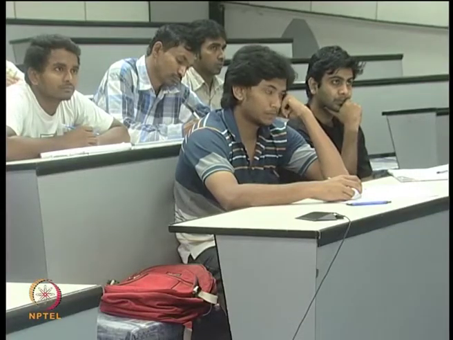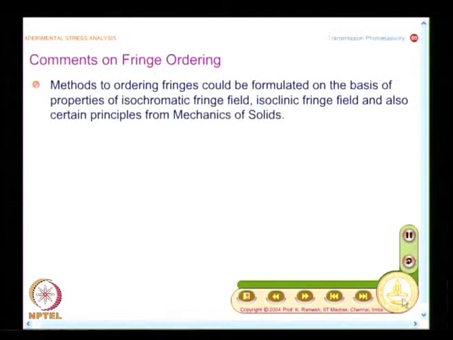So, what we have seen is we have also looked at the f sigma calculation, and now we have to go to a very important topic, which I said I will reserve separately, which is how to identify fringe orders, because I need to get fringe order n and f sigma for me to get stress values in any one of the actual problems. The f sigma calculation we have just now seen, and we have to get the fringe order n.